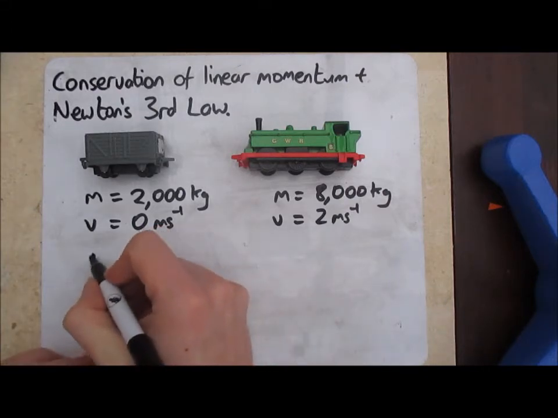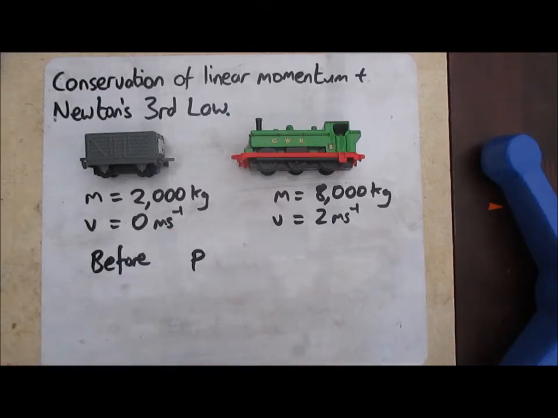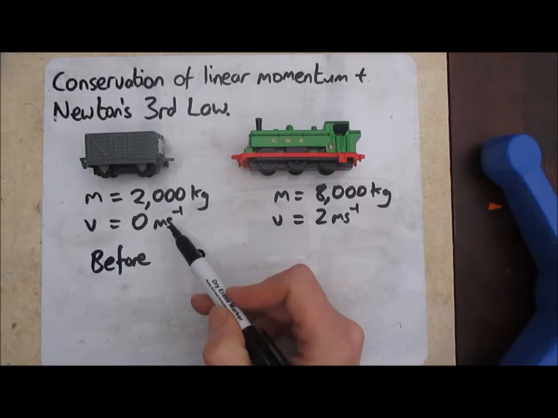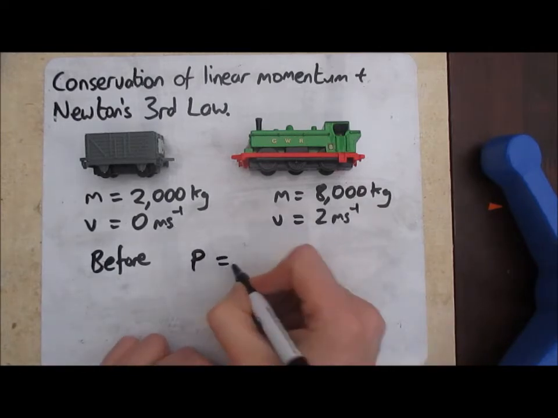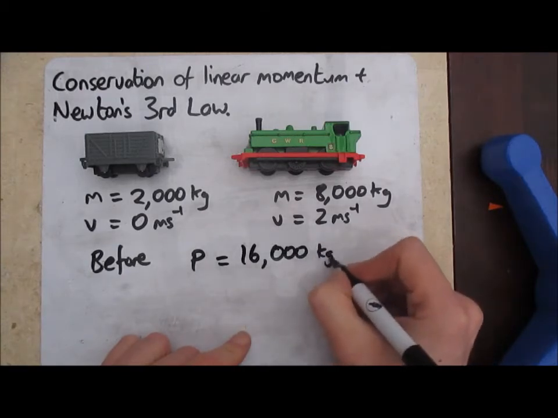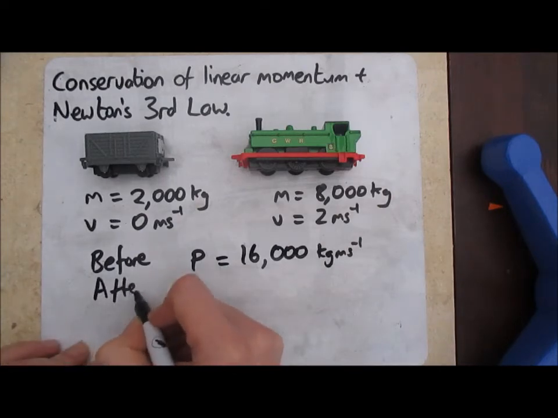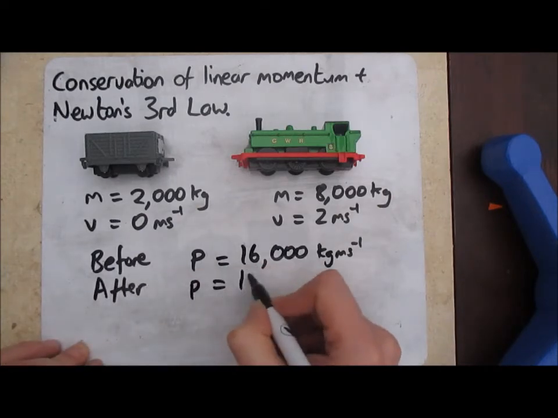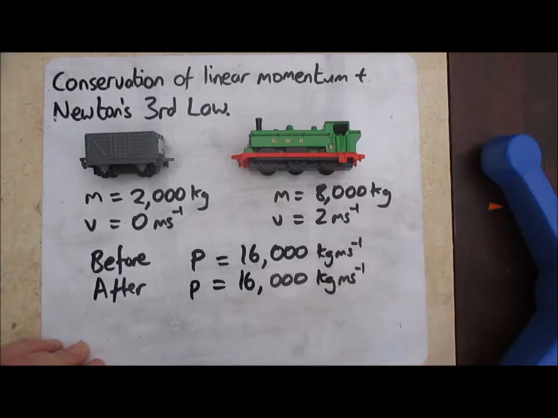So we know that before the collision, the momentum of the truck is 0, and the momentum of Duck is 8,000 times 2, which is 16,000 kilogram meters per second. And without doing any calculations, we know that afterwards the momentum is still 16,000 kilogram meters per second because it's conserved.